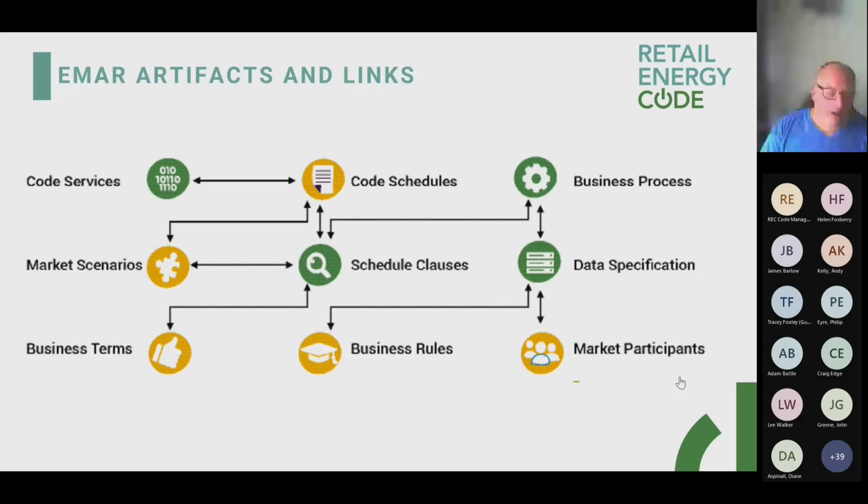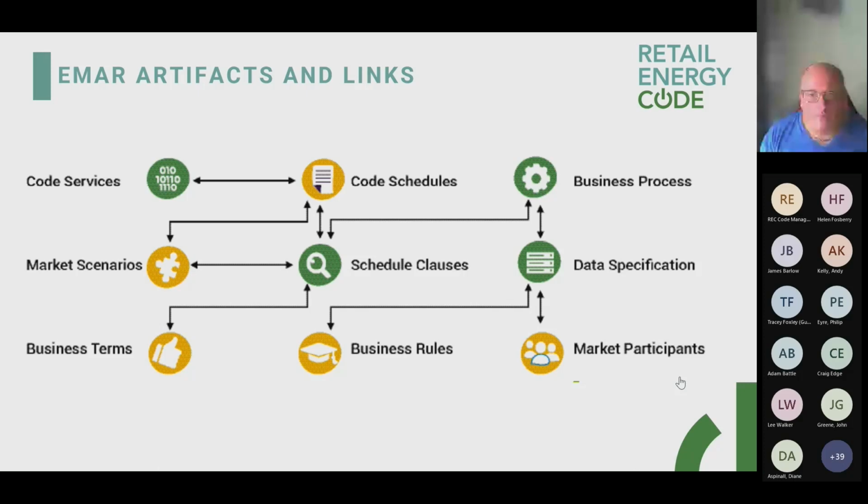Now I'll show you the EMAR itself, and most people will have been in and out of it. But this is just a useful diagram to explain what the component parts of the EMAR are and what they're designed to do. So if you look at the code services to start with, the code service is the overall part of it, and the code services contain schedules.